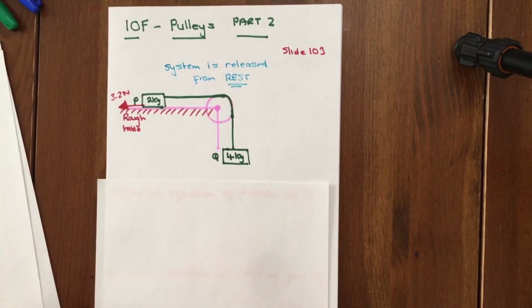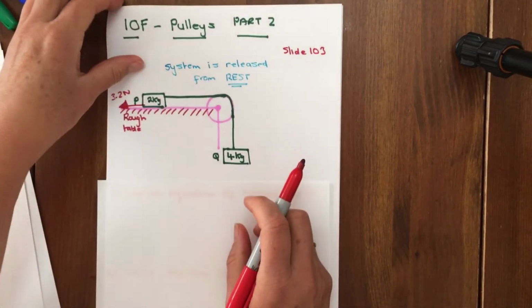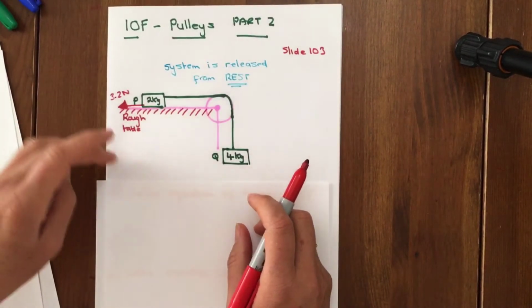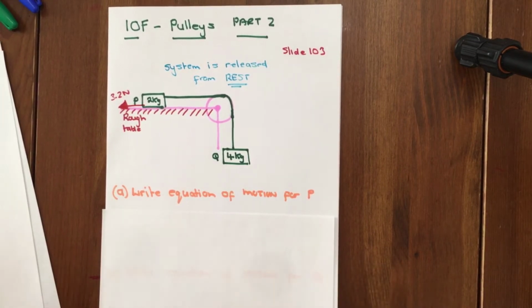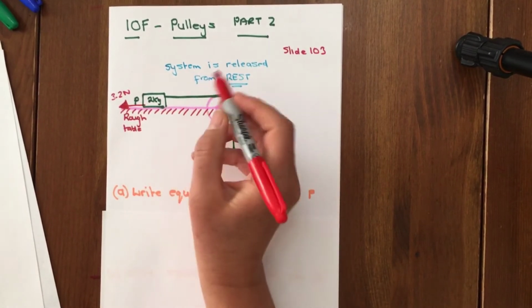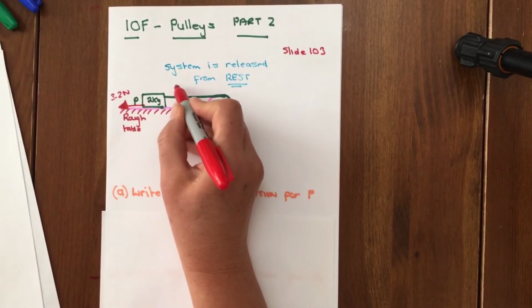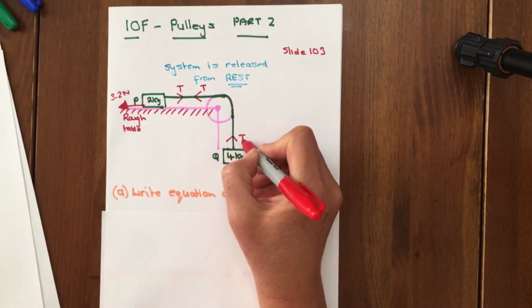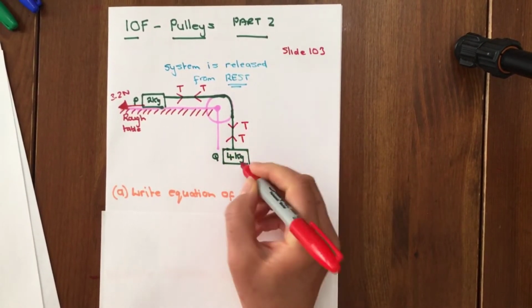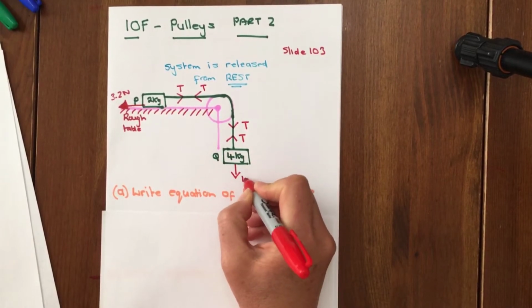We've got 4 parts to this question, and here is the first part. It asks you to write an equation of motion for particle P. So for particle P, we've got the tension here, and tension here, and an equal and opposite tension here, and the weight 4g.